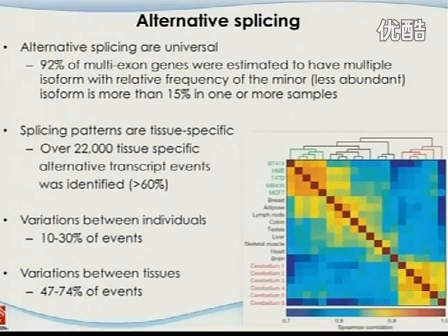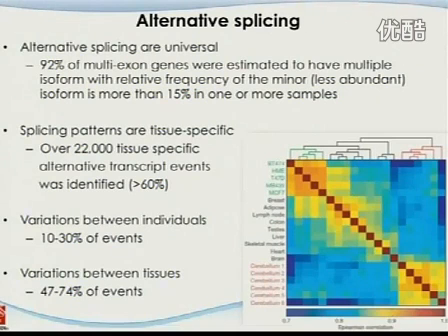You can see clearly that there are variations within the tissue, across different individuals, but they still cluster together. For different tissues, they varied greatly. Here is another brain and the cell lines, and they cluster together. They found that variations of alternative splicing between individuals are 10 to 30% of events, and between tissues are 47 to 74% of the events.